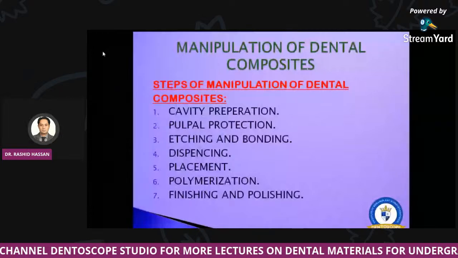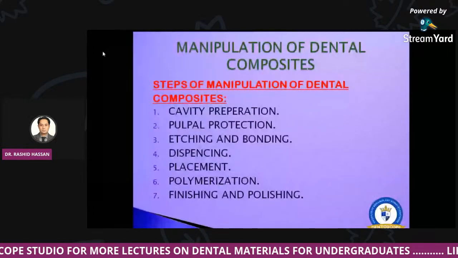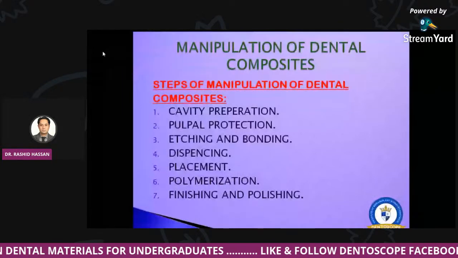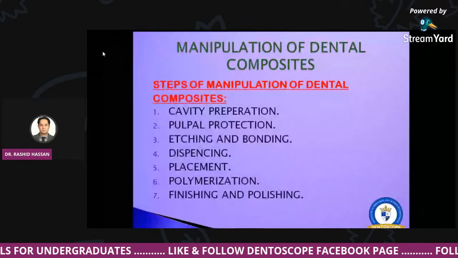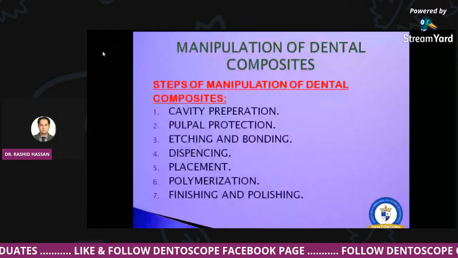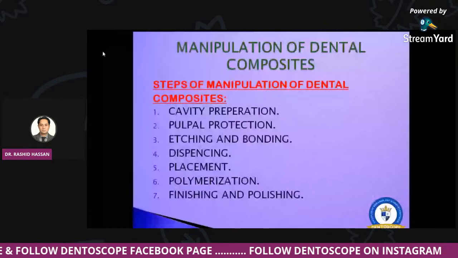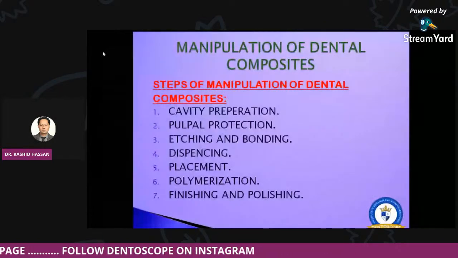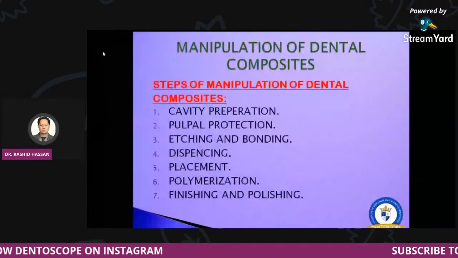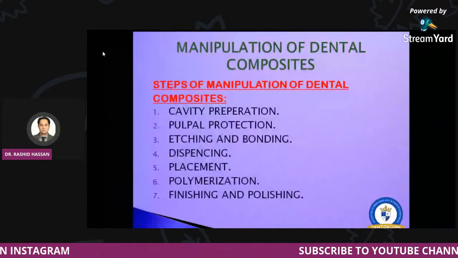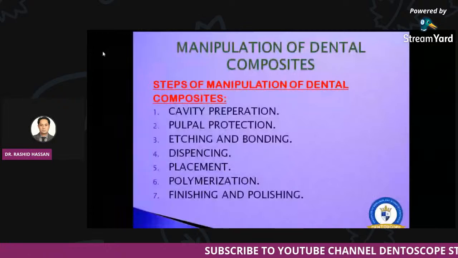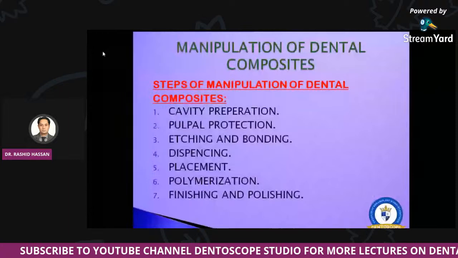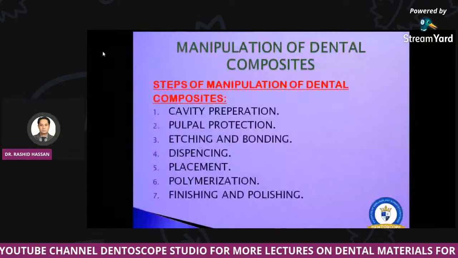Then there is etching and bonding. Etching and bonding are the main means by which the dental composite adheres with the tooth structure. If you just place dental composite into the tooth cavity, it is not going to adhere with the tooth. Dental composite is adhered with the tooth structure by bonding, which is called micromechanical bonding, and micromechanical bonding is provided by the etching.